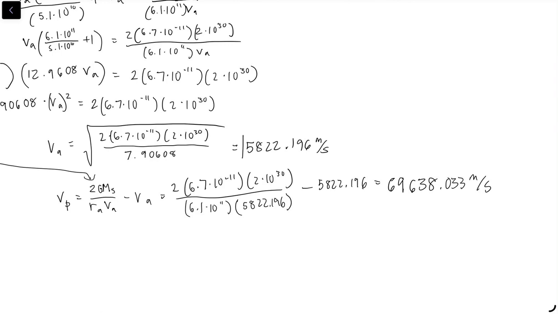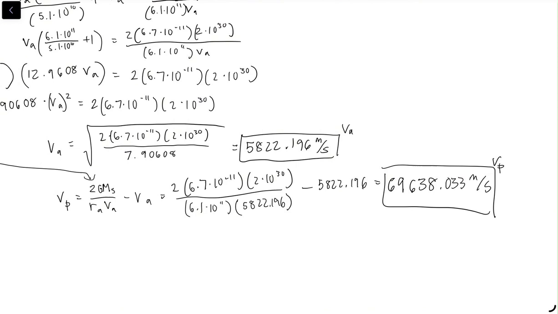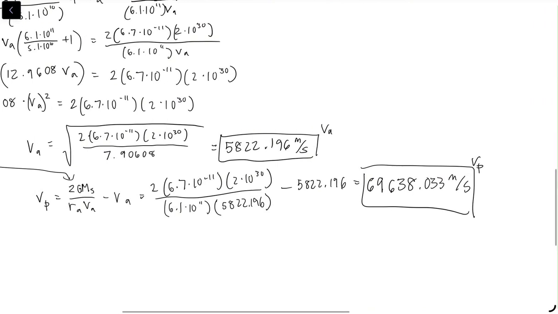So this is the orbital speed of the apogee, and then this is the orbital speed of the perigee. Which makes sense, right? Because we earlier said that the speed of the perigee has to be greater than the speed of the apogee. So, yes.